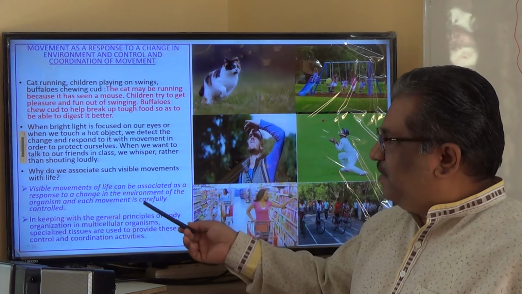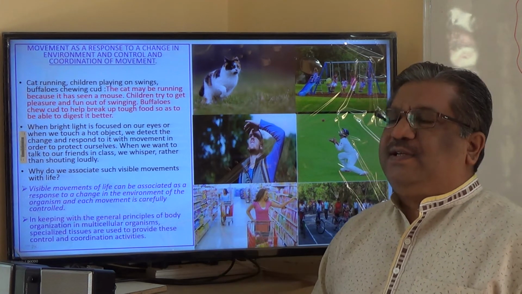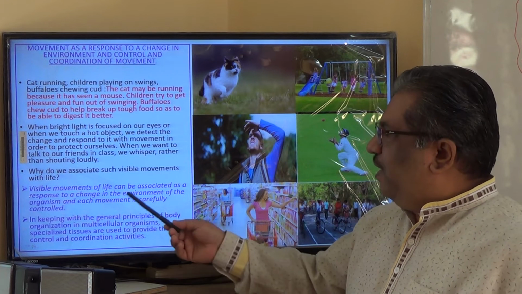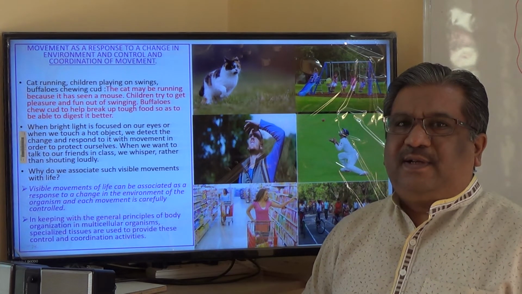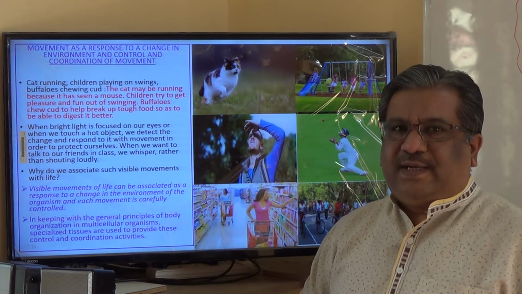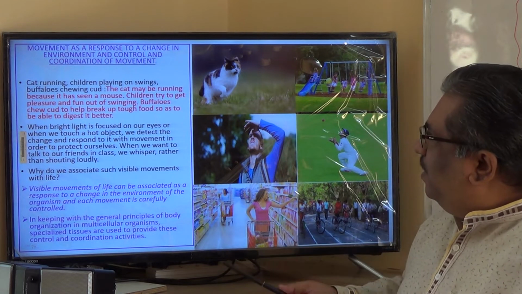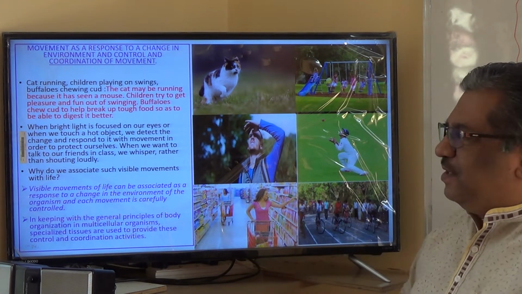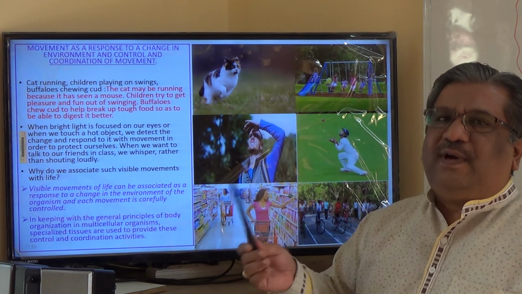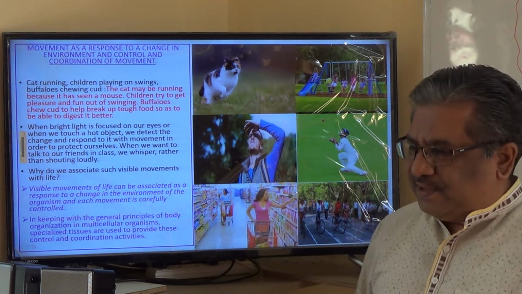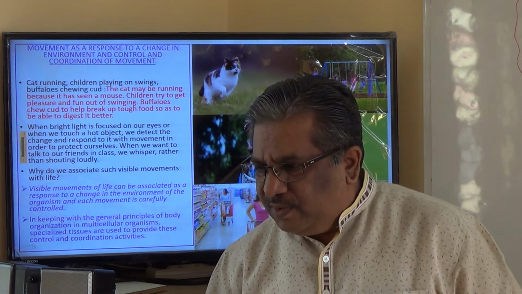A change in the external environment is considered a stimulus, and the body movements are considered the response to that stimulus. Nothing needs to be noted down, this is only to understand what control and coordination are. These are the examples. We'll go to the next one.